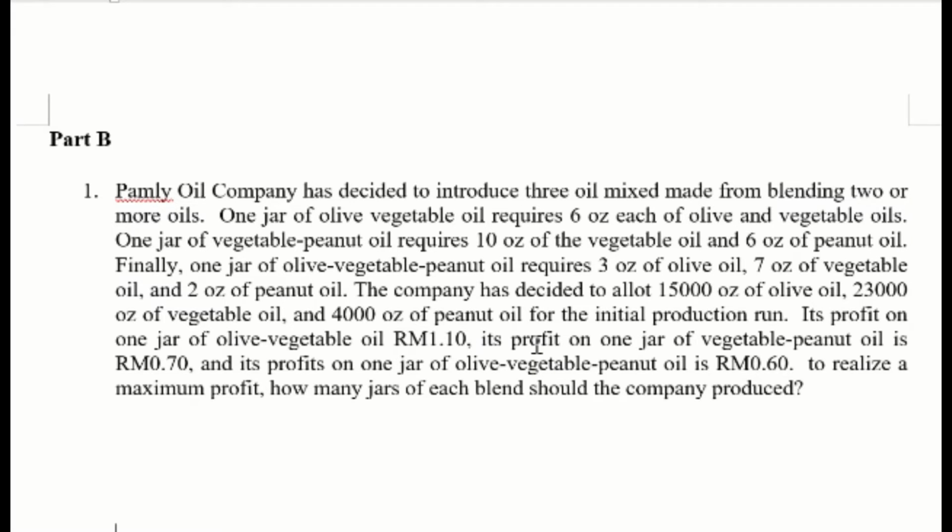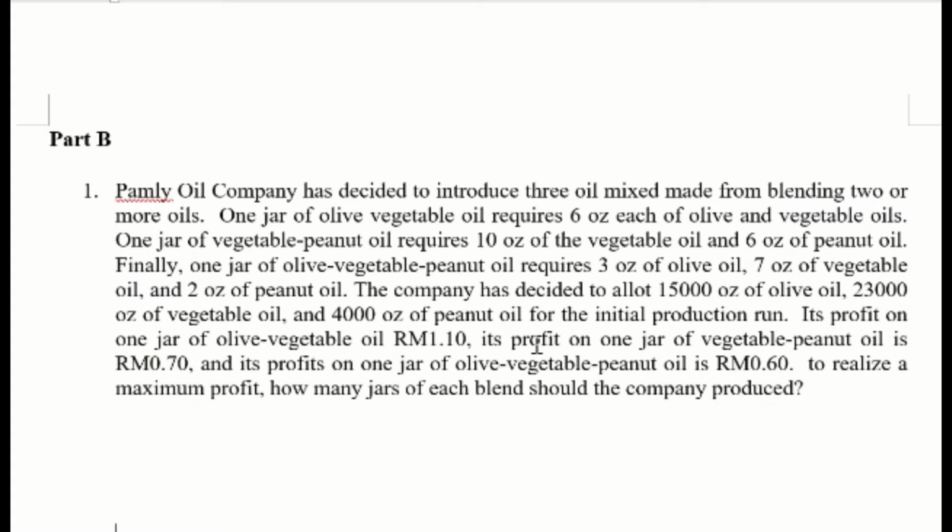The company has decided to allot 50,000 ounces of olive oil, 23,000 ounces of vegetable oil, and 4,000 ounces of peanut oil for the initial production run. Its profit on 1 jar of the olive vegetable oil is 1.1 ringgit.